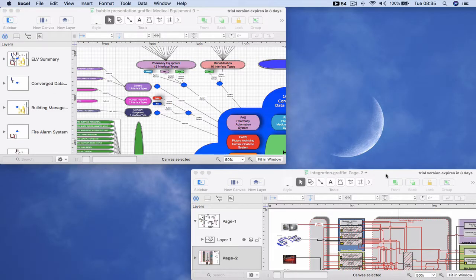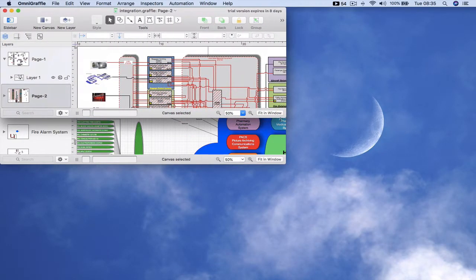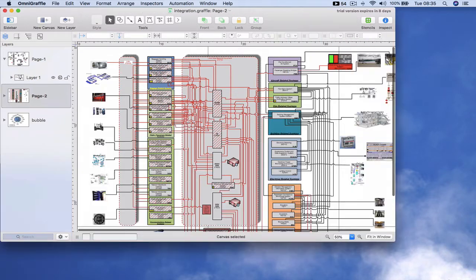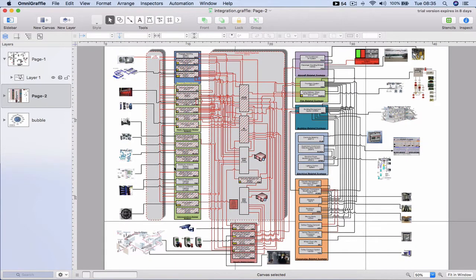The next kind of chart, which is kind of useful if you're a programmer and coder, you like to know exactly where all of your interfaces are going. So in this case, we've taken every single system that you saw in the previous list. Actually, this was a tender for, I think, Jeddah Airport.